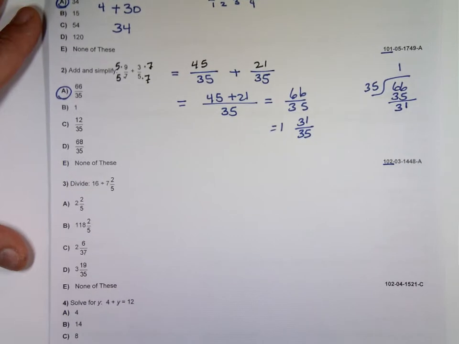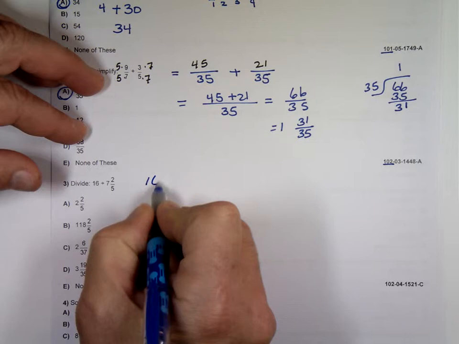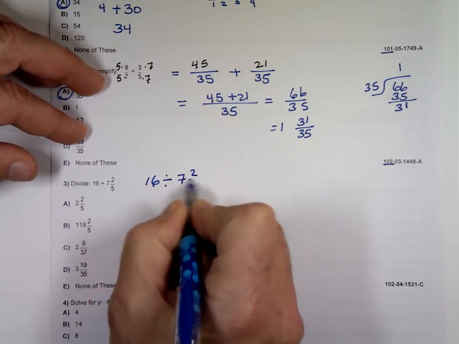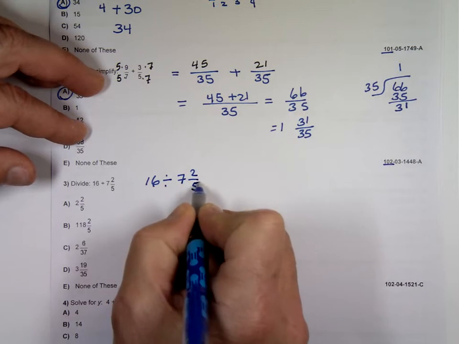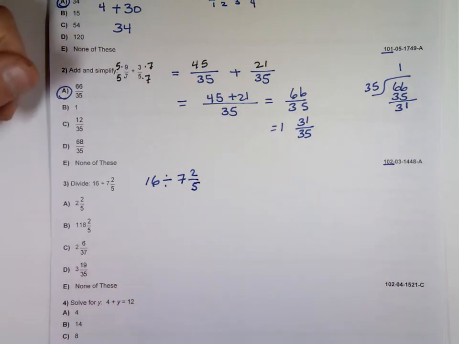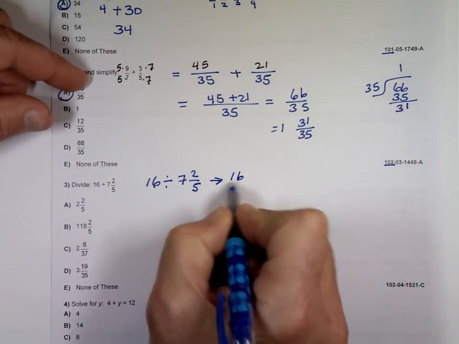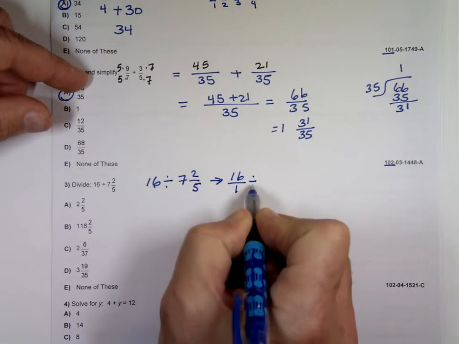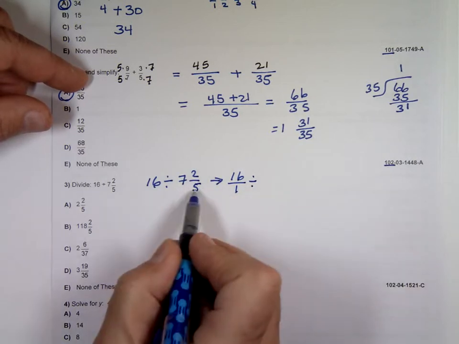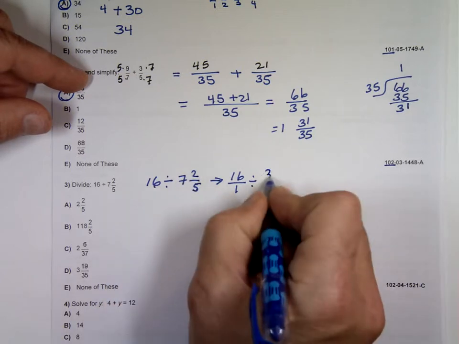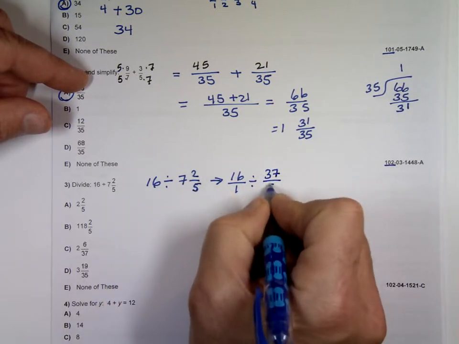Next one, number 3. Divide. 16 divided by 7 and 2 over 5. Let me first convert these to improper fractions. That's 16 over 1 divided by, 5 times 7, 35 and 2, 37 over 5.